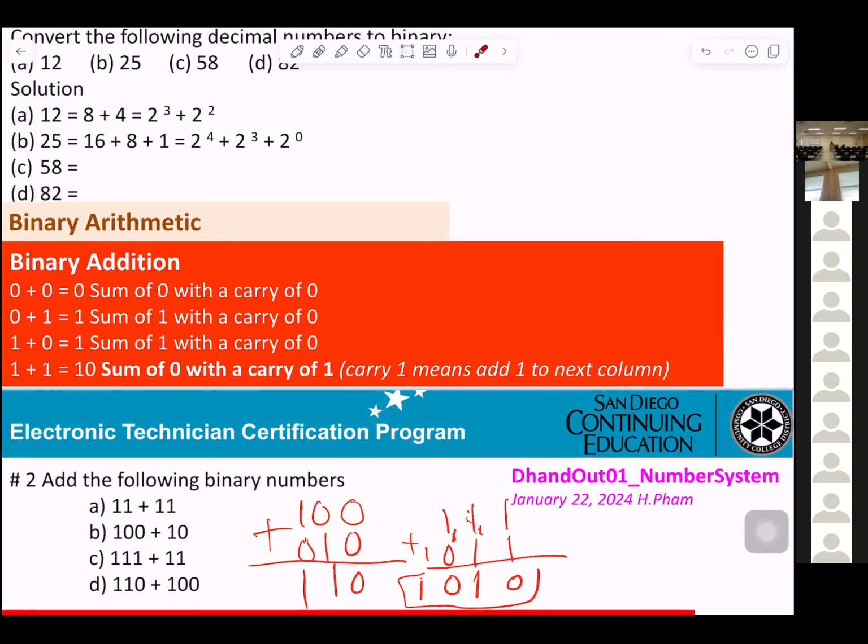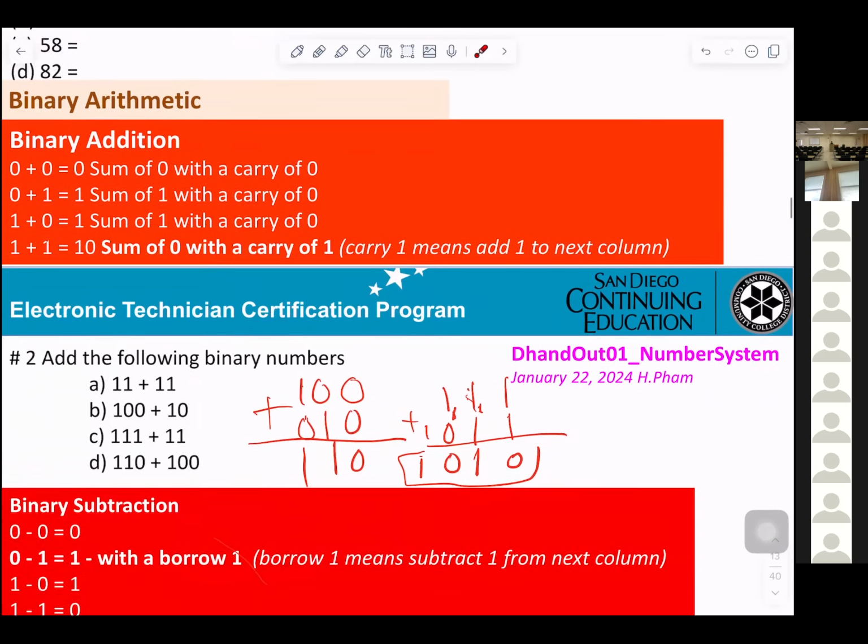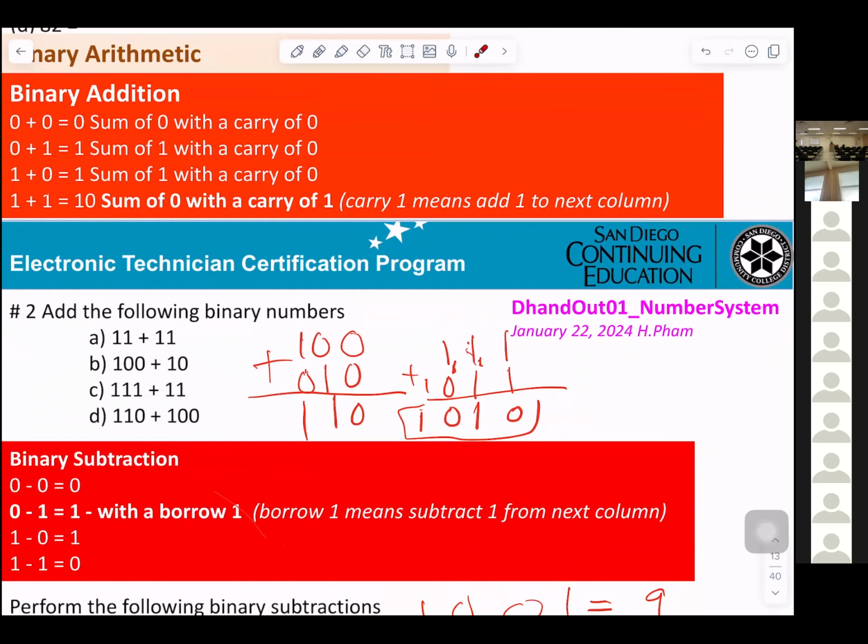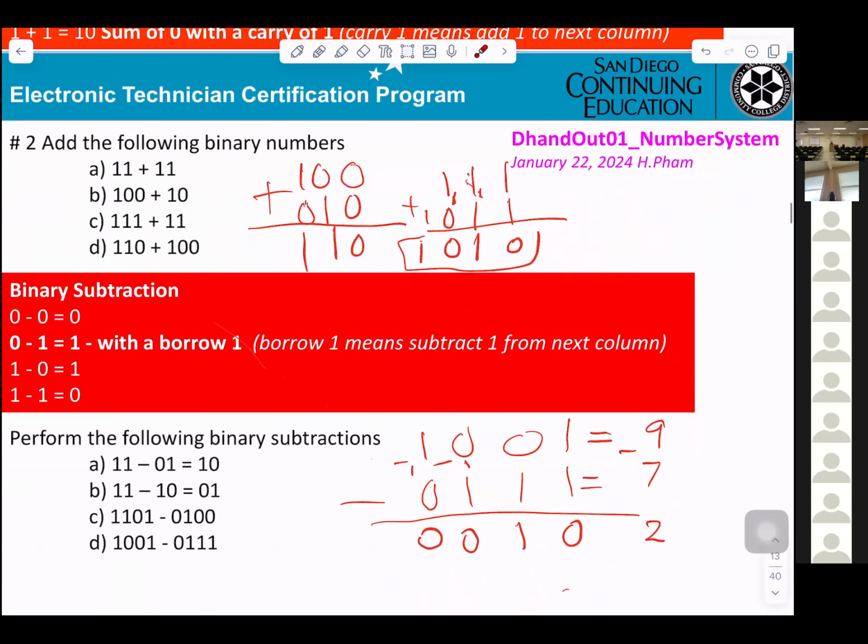Carry 1 means adding 1 to the next column. Last time I already showed you here. You have to work on that. That's what you need to know. I will be asking you in the test, the quiz or the homework.